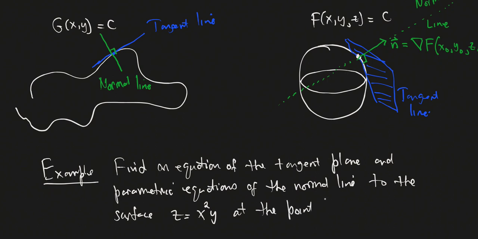So we want the tangent plane and the normal line to be at the point (2, 1, 4), right?